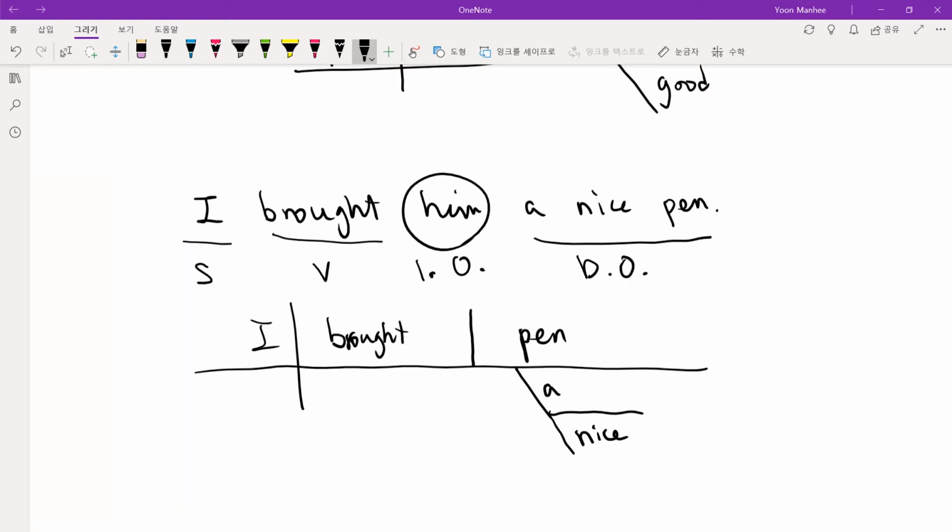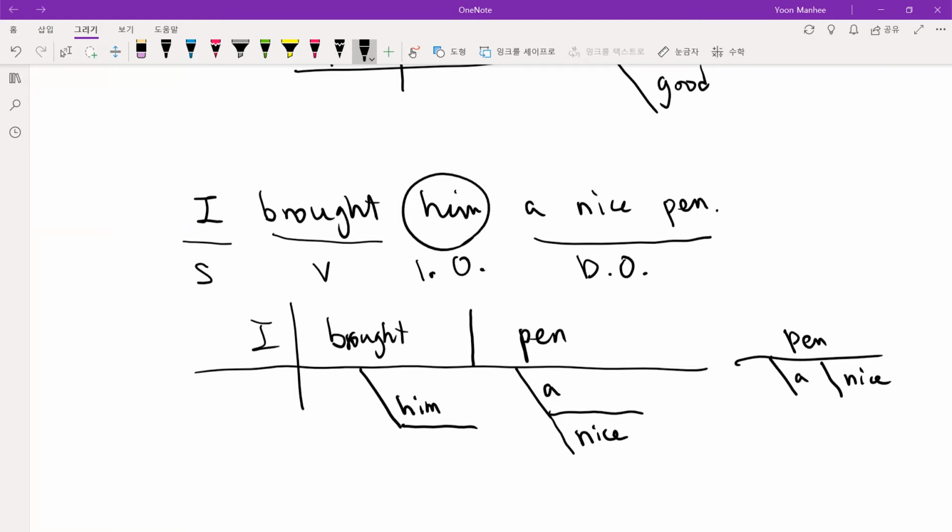Or you may do it this way, a nice, but this is the same thing, a nice pen. To whom? Brought him. I brought him a nice pen. So this is how you do it.